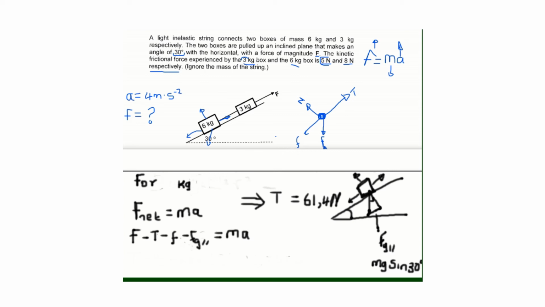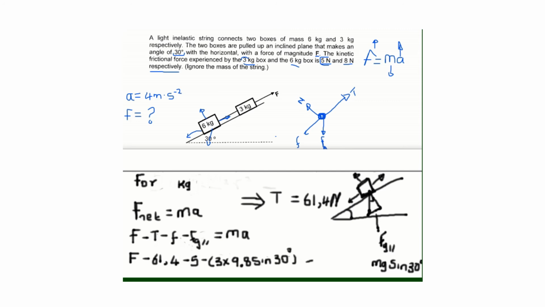So let's simplify it and substitute. We have F minus tension. We have calculated it already, we know it's 61.4, minus friction force of the 3 kilogram box, it's 5 Newton, which is given here. And then minus Fg parallel, which is the same as mg sine theta, and the mass is 3 kilogram multiplied by g, which is gravity, 9.8, sine of 30 degrees.